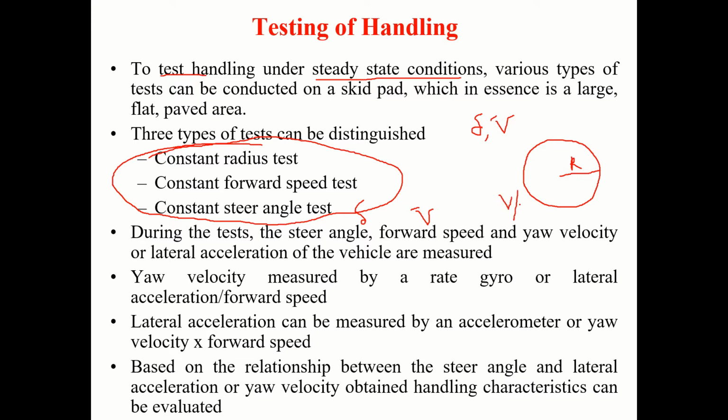Yaw velocity, lateral acceleration ay, right? Because here delta is equal to 57.3 L by R into K V squared by R. Correct now?